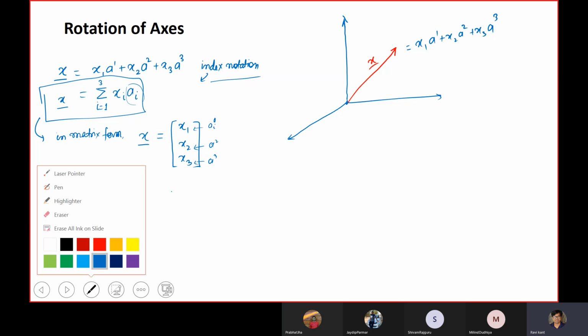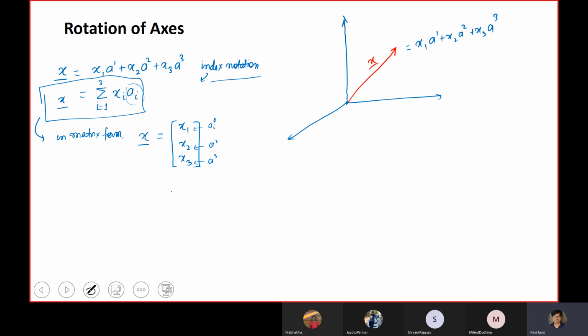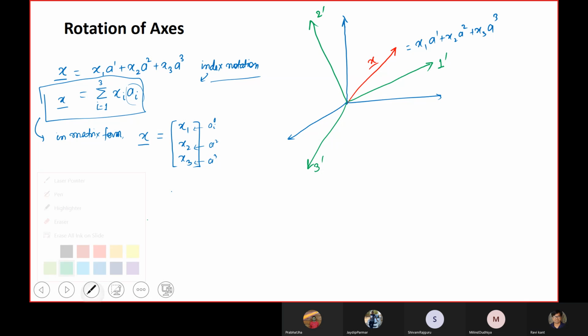Now what should I do? I'm going to rotate this axis. So this axis will be rotated somewhere here. This axis correspondingly will be rotated in this fashion. This is my 1 dash, 2 dash, and 3 dash. This was my 1, 2, and 3.